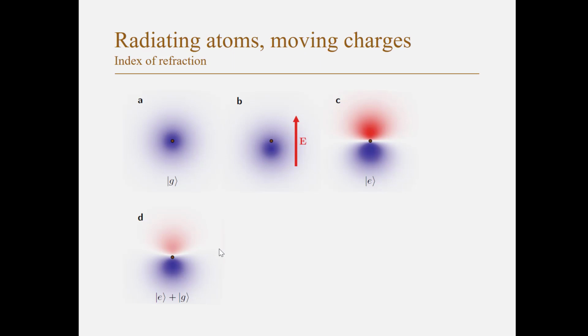So what we have described now is the displacement of the electron cloud as a superposition, a mixed state, between the ground state and the excited state. Now there's an energy difference between the ground state and the excited state, and the sign of the excited state, or the difference between these two, will evolve with that energy difference.